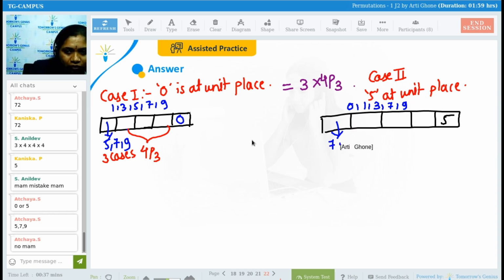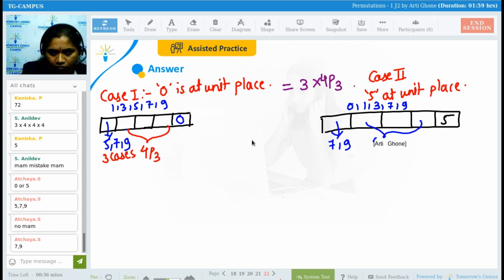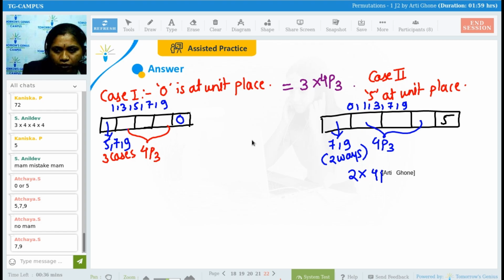So first place can be filled with 7 and 9. And the middle places are again 4P3. These are two ways, so it is 2 into 4P3. Clear? Yes or no? So either case 1 will occur or case 2 will occur. So try to answer now.